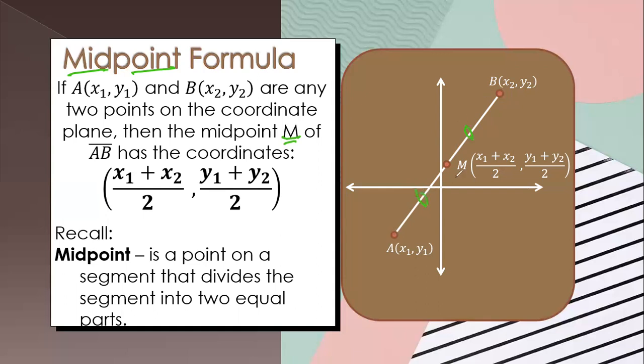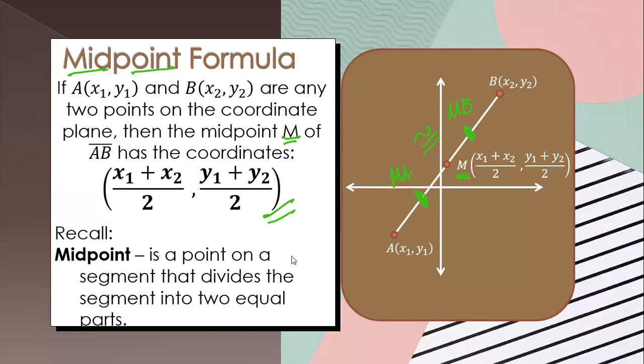So if we have here point M, MB is equal to MA. They are congruent, because this segment is divided by point M, which is our midpoint. So this is our formula in finding the midpoint between 2 points: x sub 1 plus x sub 2 over 2, and then y sub 1 plus y sub 2 over 2.